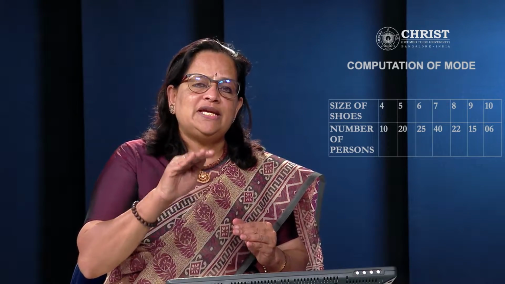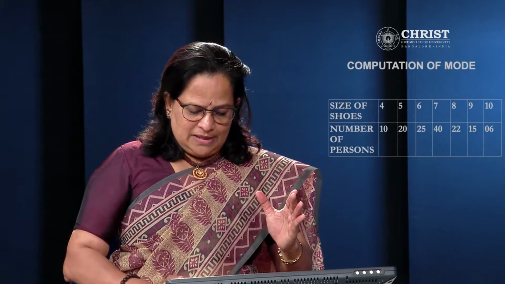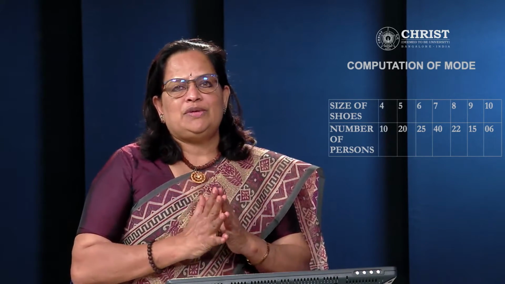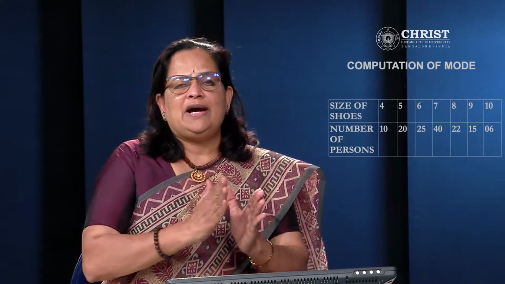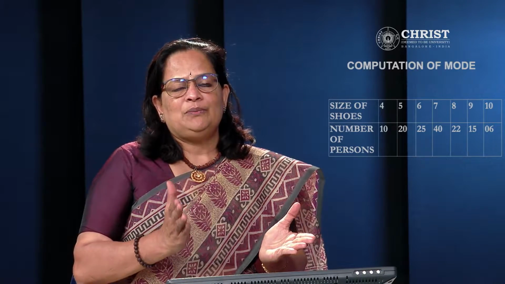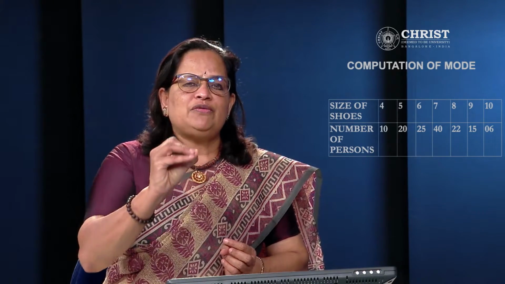The next highest frequency is 25, against value 6. The difference is very high between the highest frequency value and the next highest frequency value, that is between 40 and 25. So just by observation, we can decide the modal class, and 7 is the mode of the distribution.